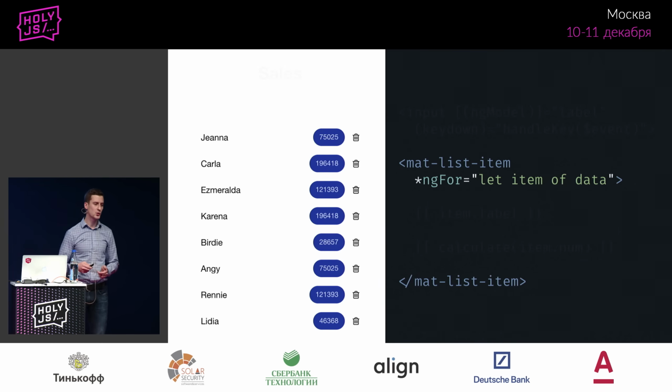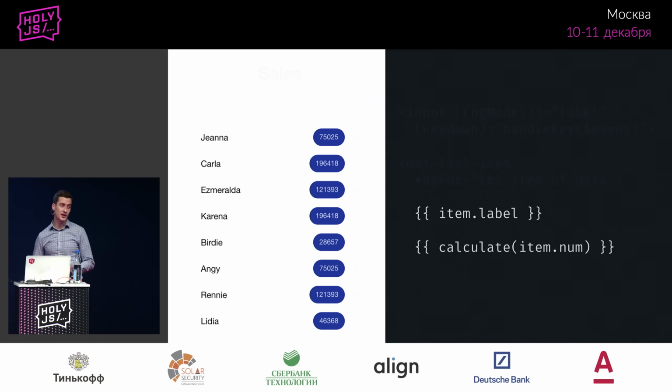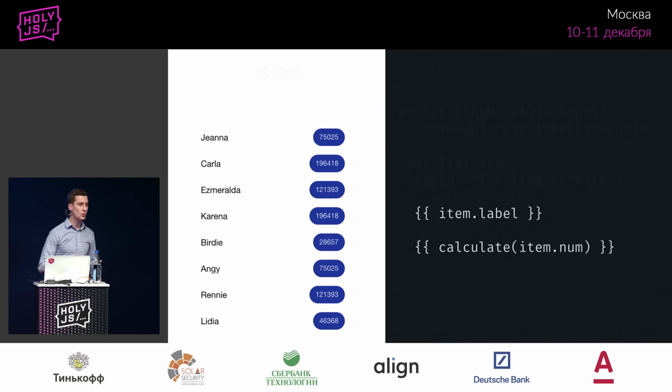And for each individual employee, we are rendering a material design list item. Inside of each list item, we are rendering the name of the employee and also calculating the numeric value by using a calculate method, which is declared inside of the employee list component's class.